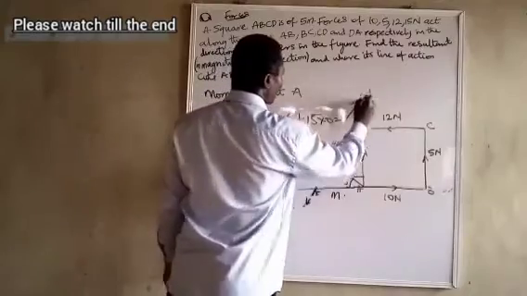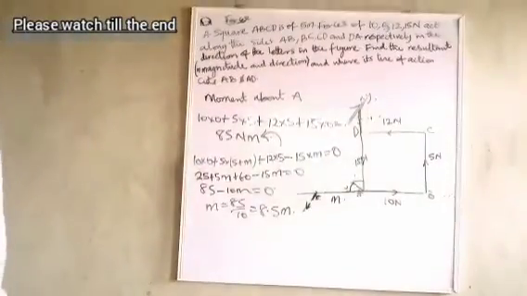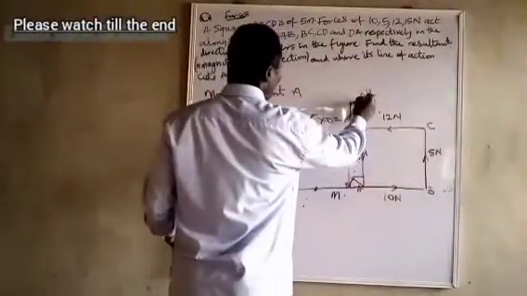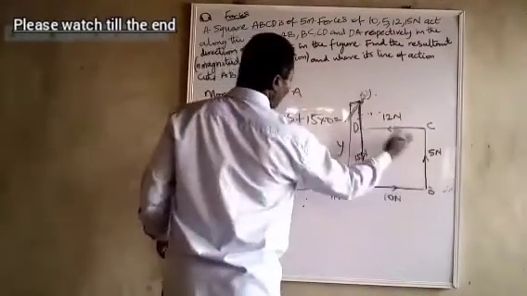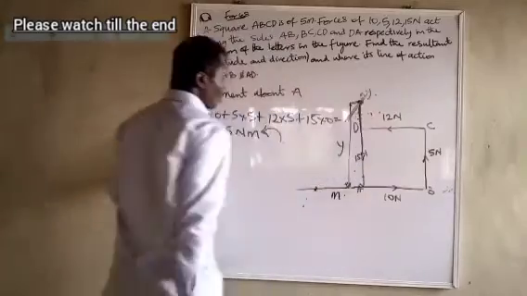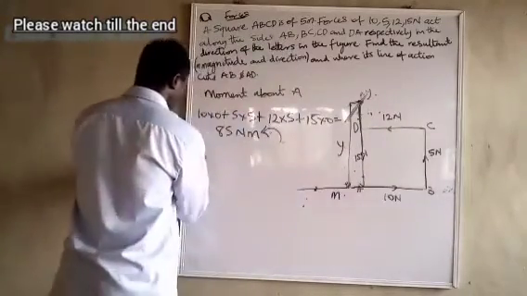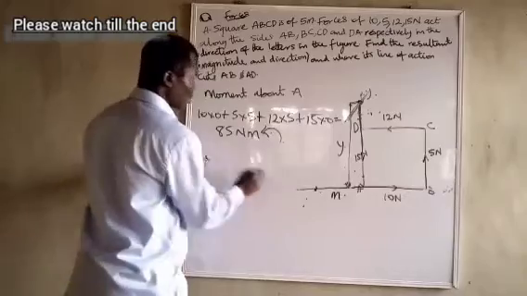Now, at the same time, let me find the point where it cuts this one too. So let me cut it like this. In the same way, the moment of R about this point will be 0, and all these other forces will give us moment 0 along this place. So let's take moments about y. Therefore, we have this 10n.